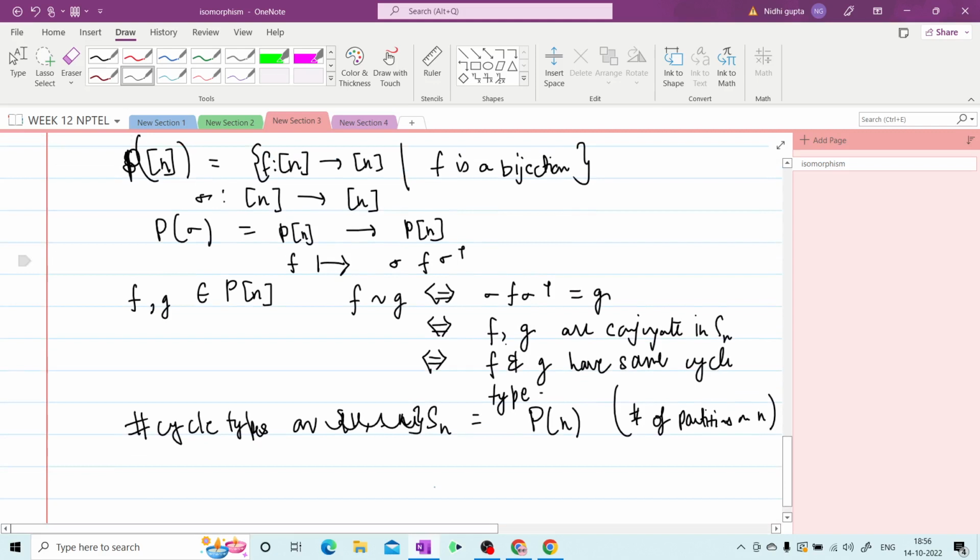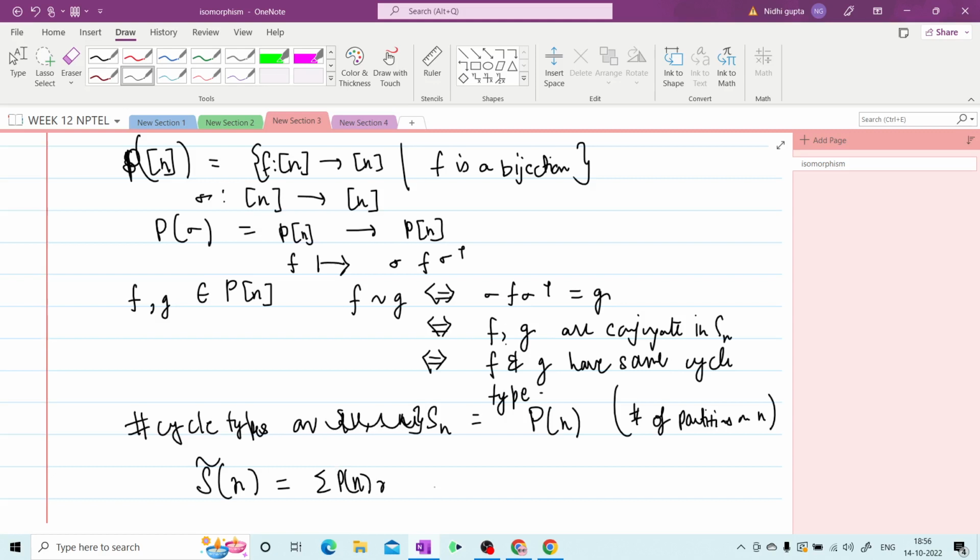So the isomorphism type generating series for the species of permutations is the sum of Pn x to the power n, where Pn is the number of partitions of n.